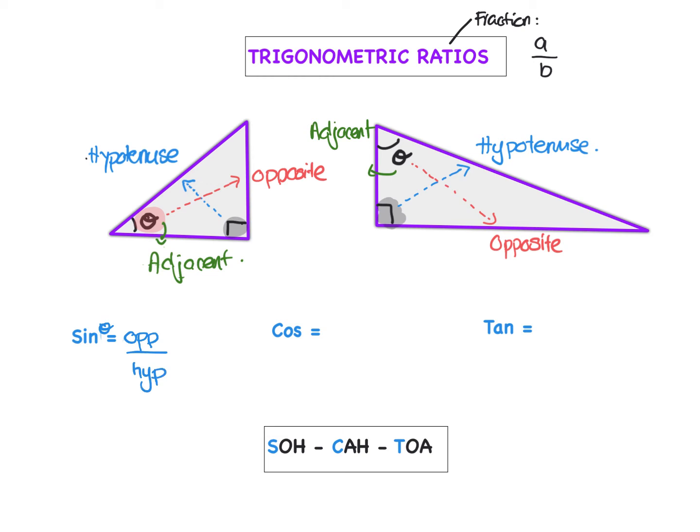I'm just going to write it abbreviated. If you ask for cos, the ratio for cos of the angle is equal to the adjacent over the hypotenuse. And the last one, the tan ratio of the angle, is opposite over adjacent.